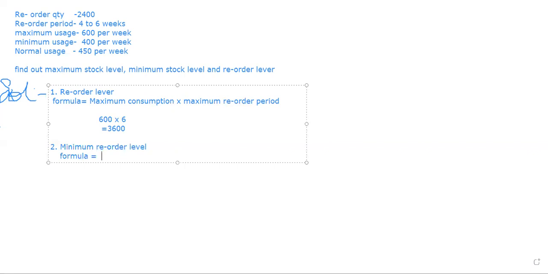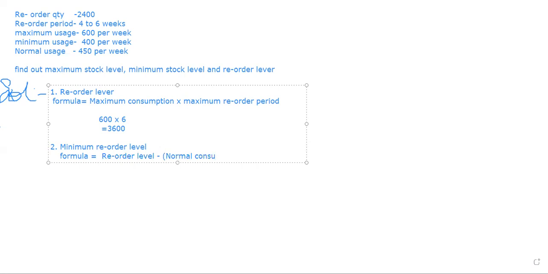So when I am using the minimum, my formula first has, as I said, if we don't find the reorder level, we cannot find the minimum and maximum. That means the reorder level will be a part of the next two formulas. So my formula goes like reorder level minus, let me start with the brackets, normal.